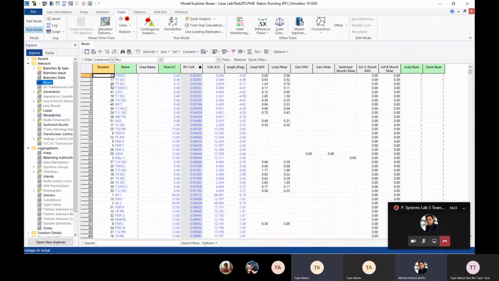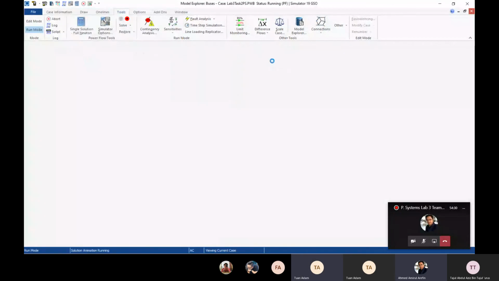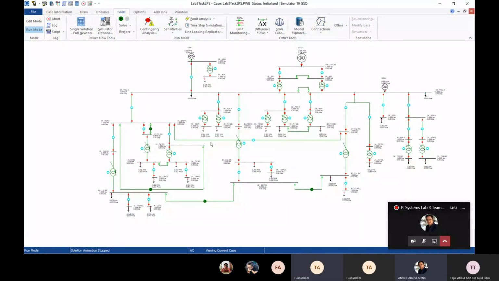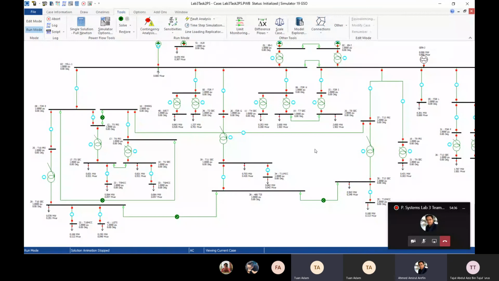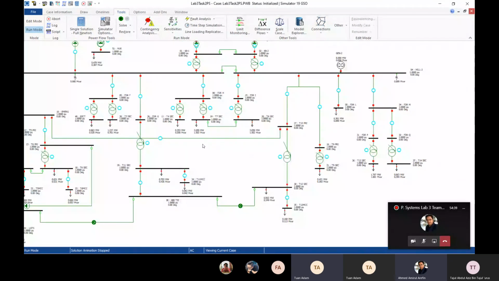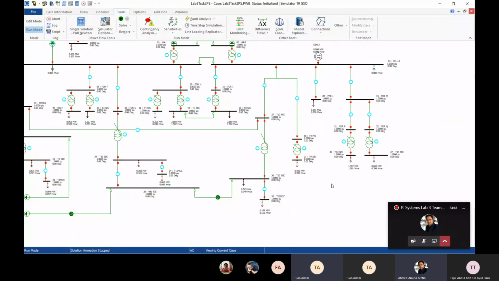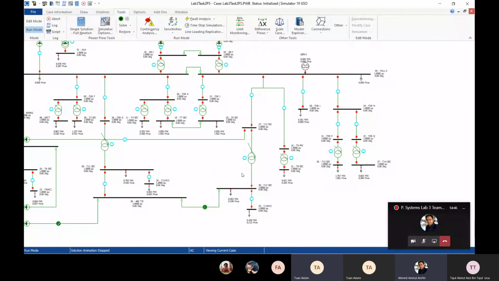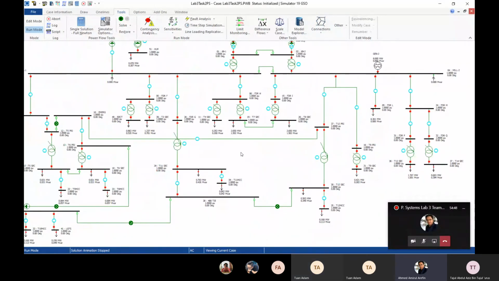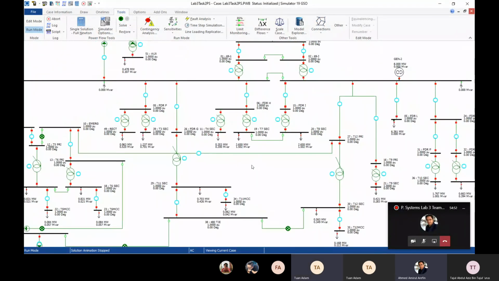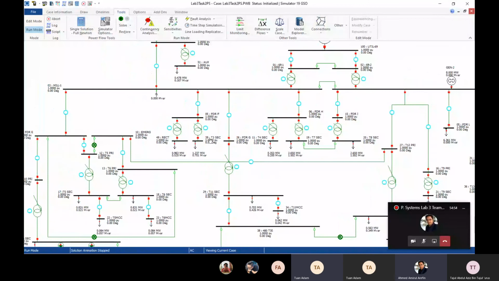So the third bus is 39. Okay. You need to change the transformer ratio. Which one is the 39? Can you zoom it so that we can see? This one. Okay.